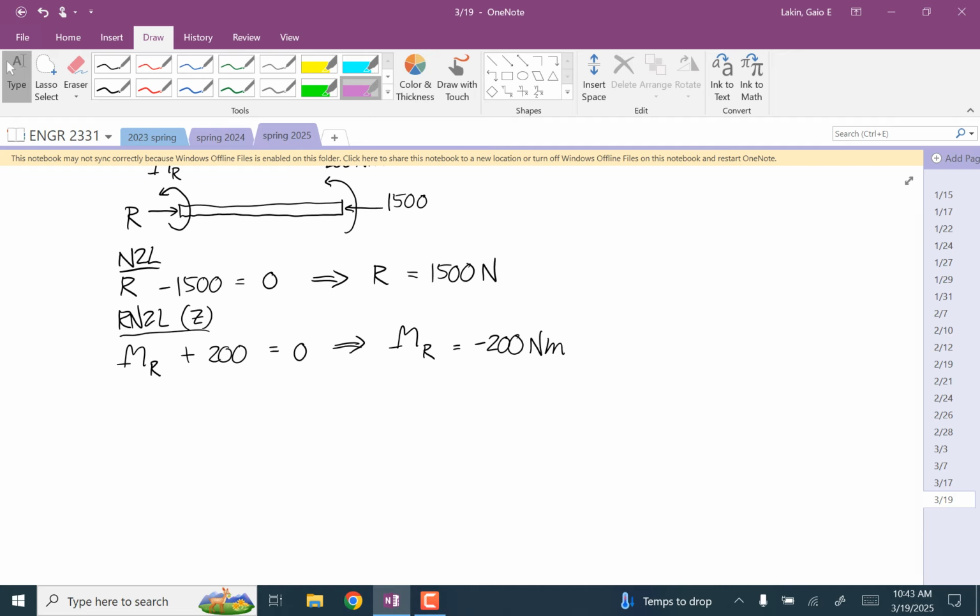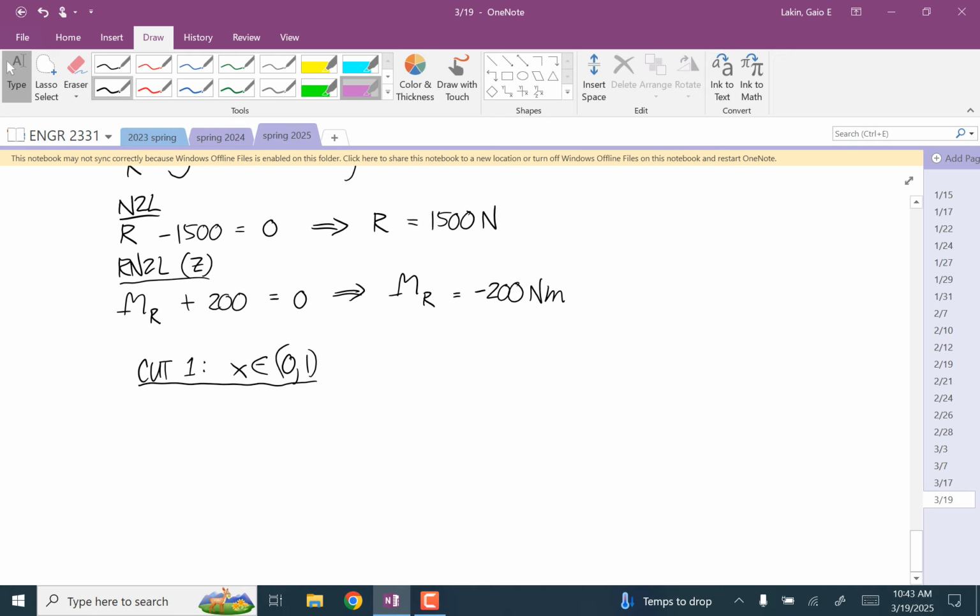Okay, and now we'll do our one cut. These are for x values between 0 and 1. So we have a force of 1500 here, a couple of 200 like this, and then we have our internal tension and our internal bending moment.